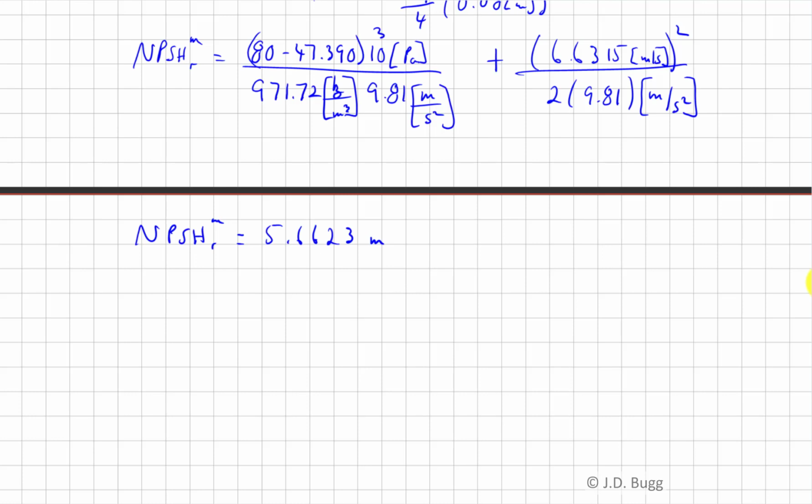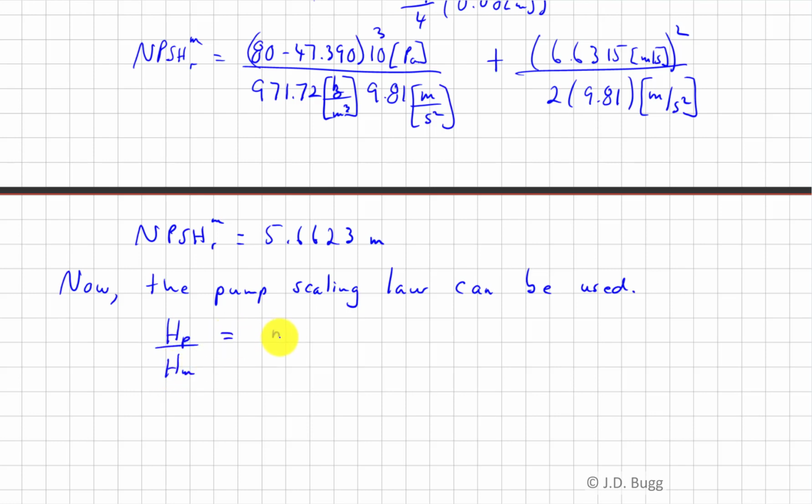The pump scaling law we're interested in is the one that talks about the ratio of the heads for the prototype and the model. So the head of the prototype divided by the head of the model is related to the speed ratio, n prototype over n model, squared, times the scale, d prototype over d model, squared.